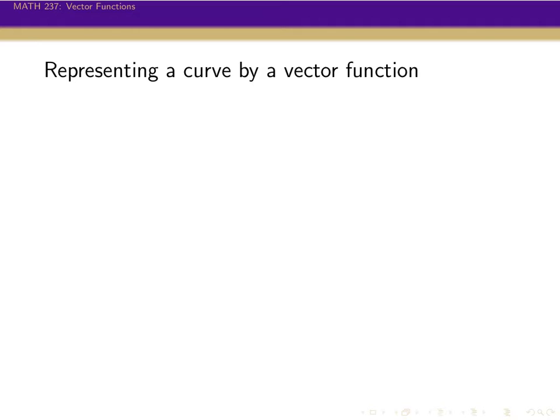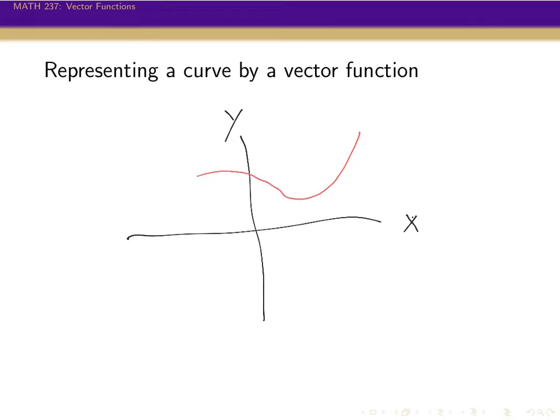Okay, so if we're thinking about some curve, let's do this in R2. There's our x-axis, there's our y-axis. Let's pick some sort of simple curve like this that's not a function. We're going to take some parameter t and set t values where we look at the two coordinates separately.